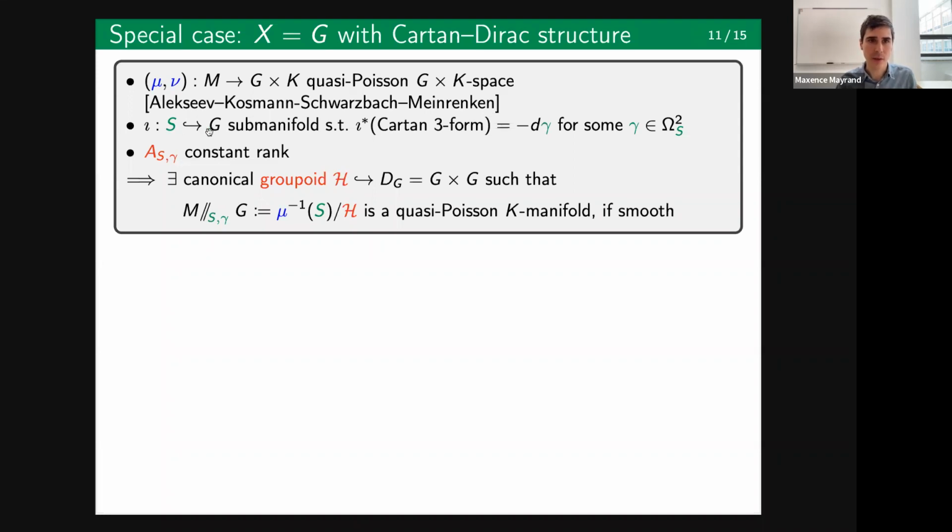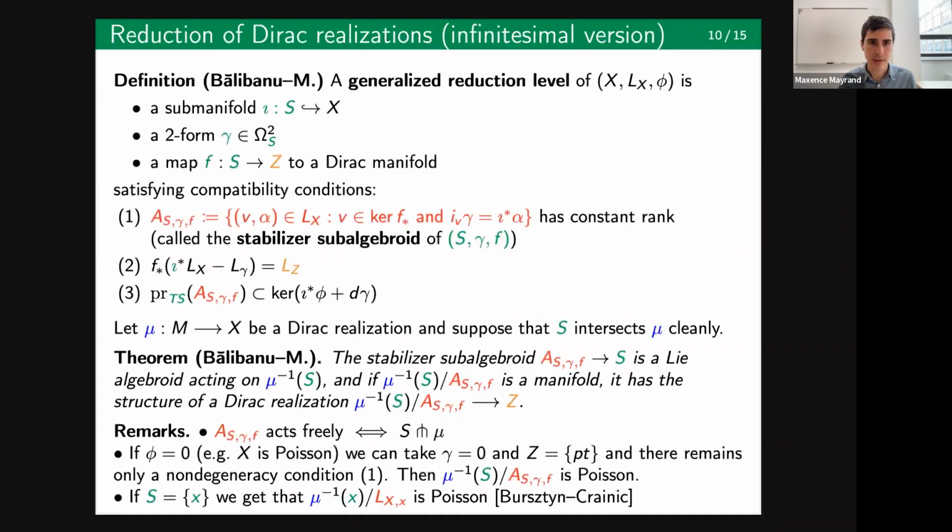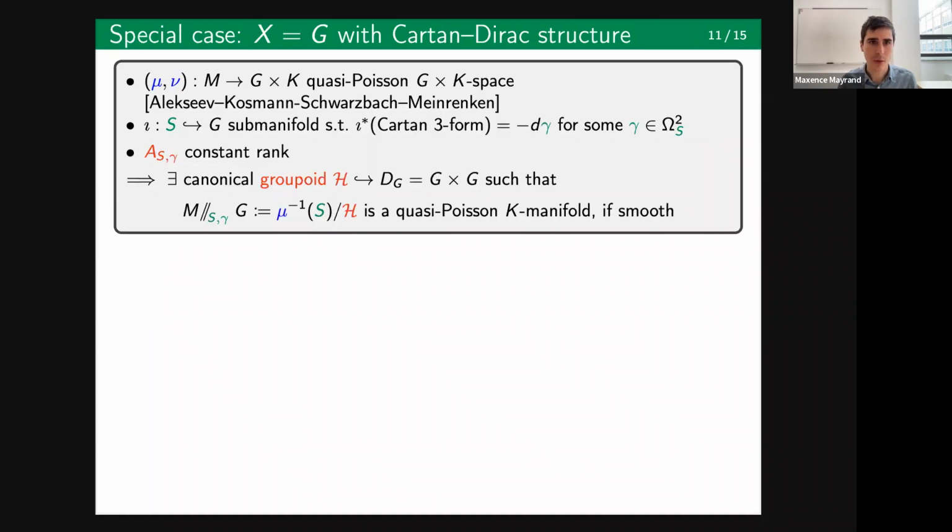You need a submanifold S of G such that the pullback of the Cartan 3-form is exact for some gamma, and that this subalgebroid A_{S,gamma} has constant rank, the same as we had in the previous slide. I will not describe it explicitly, but it's some kind of canonical bundle that has to have constant rank.